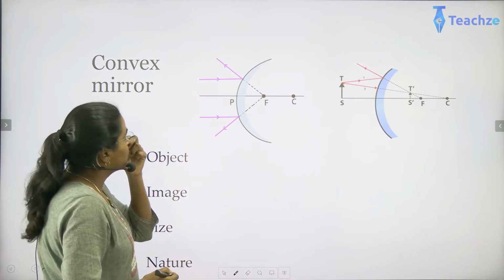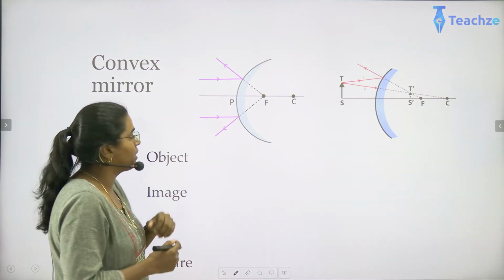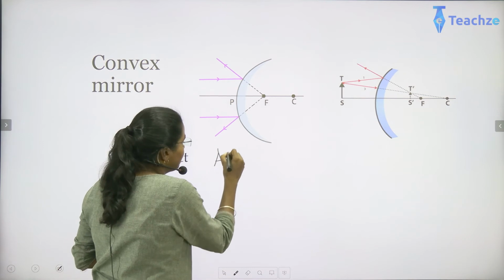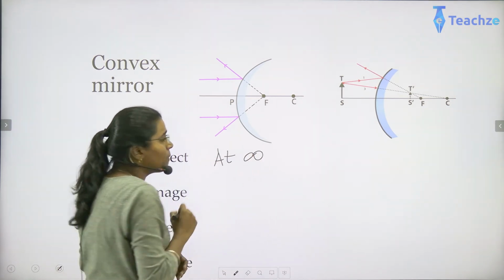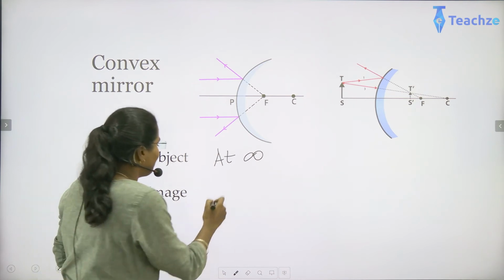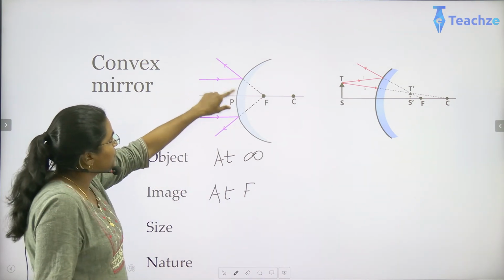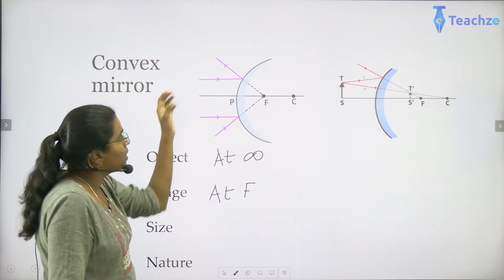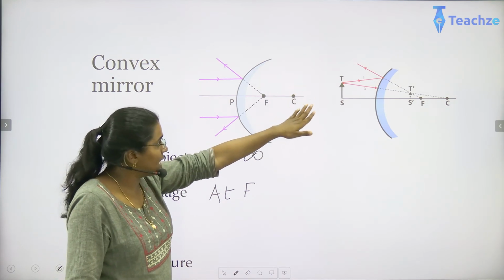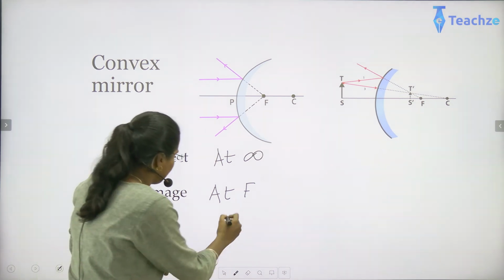So, yeah, this is the convex mirror. We know that pole, focus and center of curvature are here. So the first case, my object is at infinity here. When my object is at infinity, my image will be, good, formed at F. But in this case, there is no real image forming at F, but when we look from this side, we will be looking at the image.